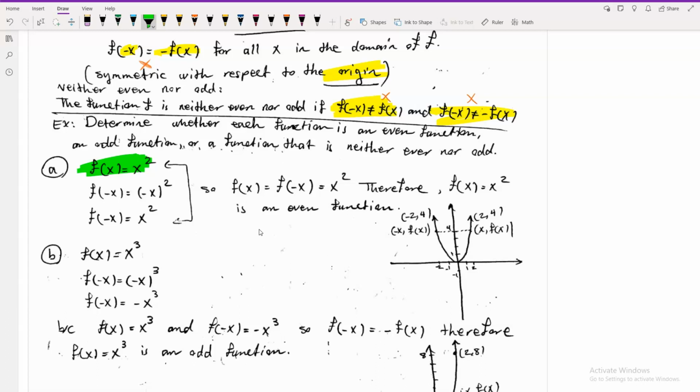So use negative x instead of x. Here negative x squared is equal to x squared. So these two are exactly the same. For f of x we have x squared, and at the same time for f of negative x we have x squared. So we have equality. Therefore our function is an even function.